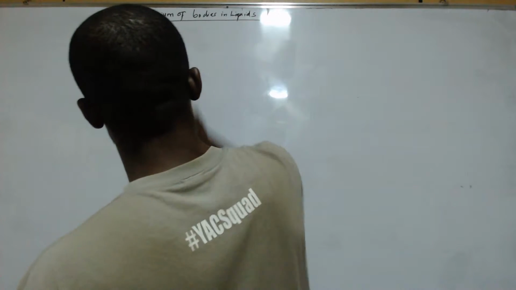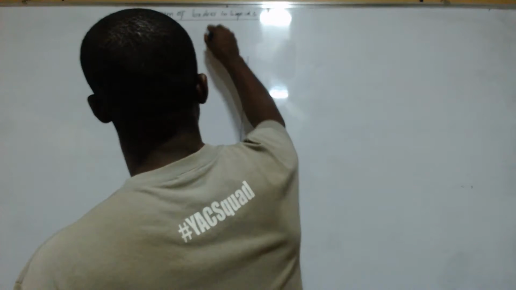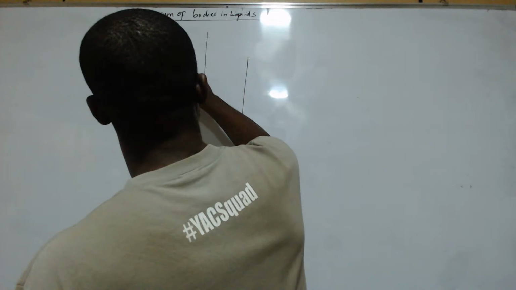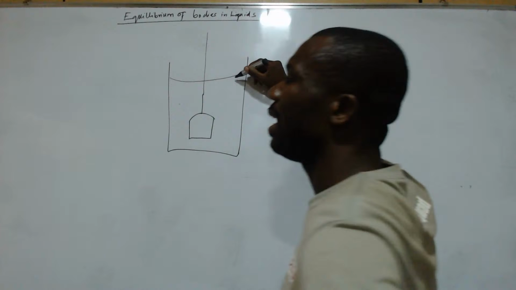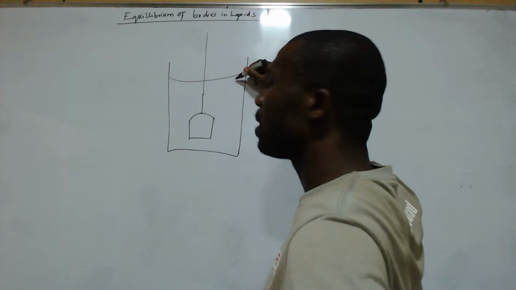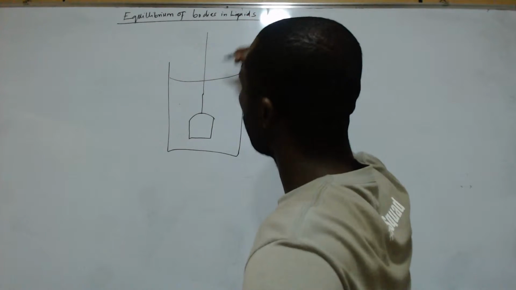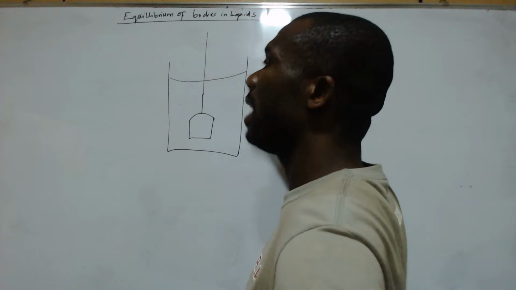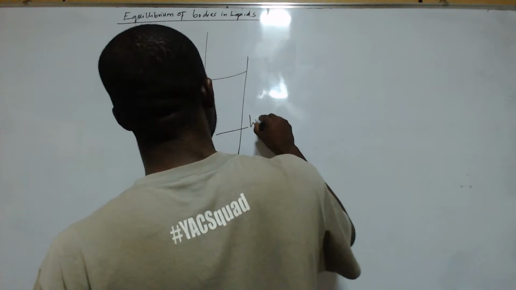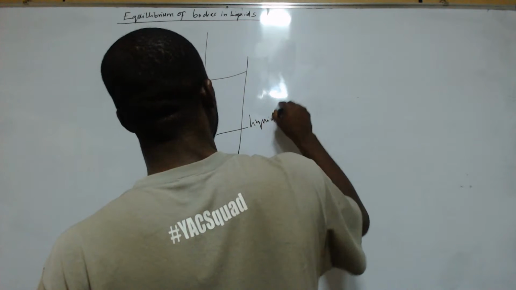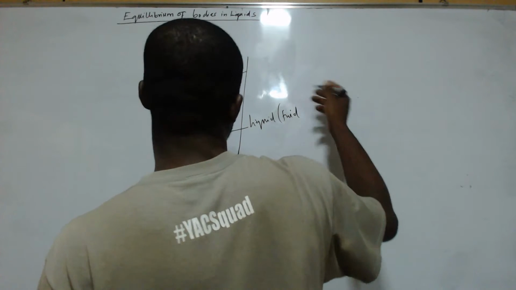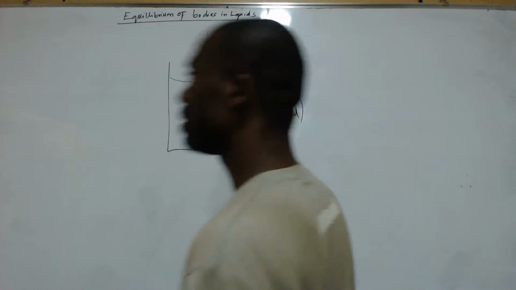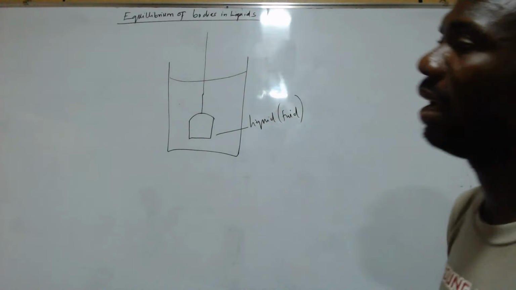Let's say this is a well, and then you have a bucket. The bucket will appear as if it doesn't have weight until it comes to this point. So there is a liquid or fluid. It could be a fluid, could be gas, could be water.